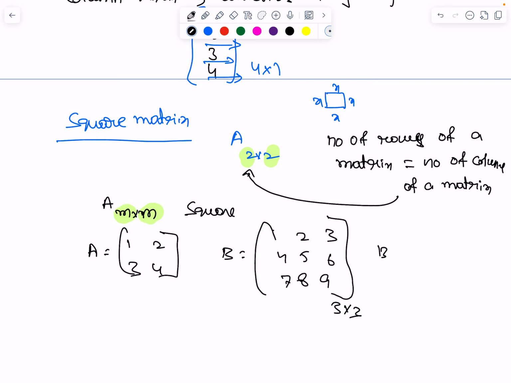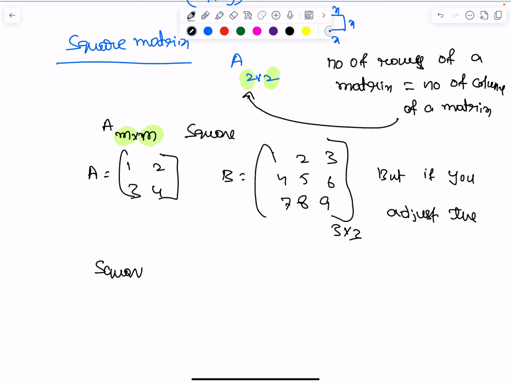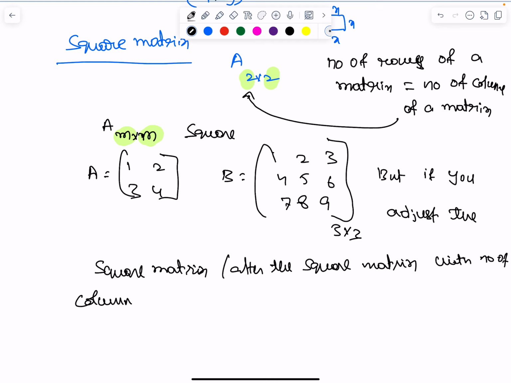But if you alter the square matrix with the number of columns or rows, we get a rectangular matrix.